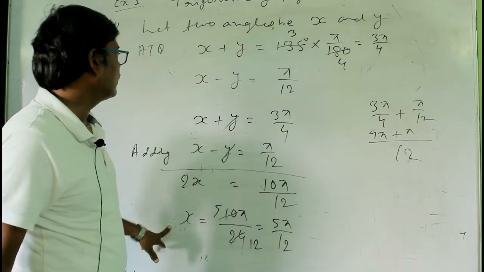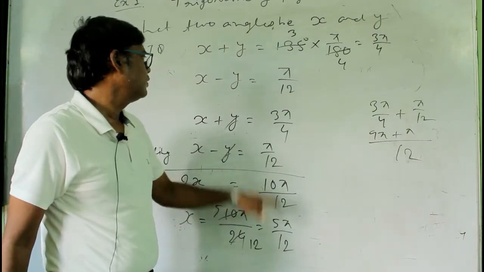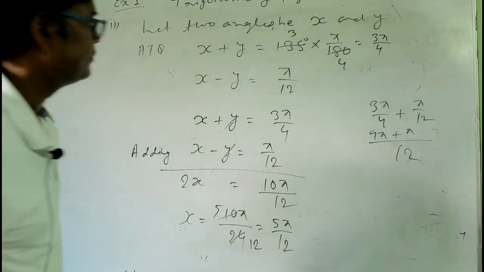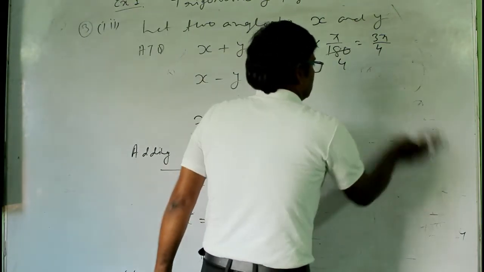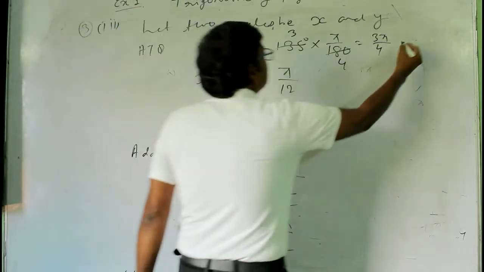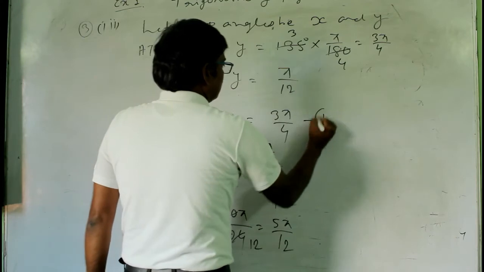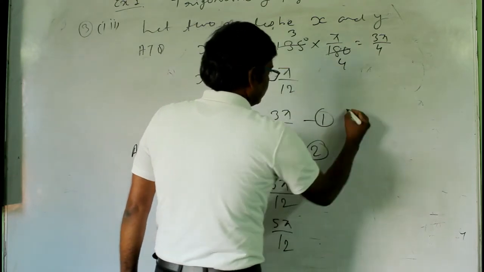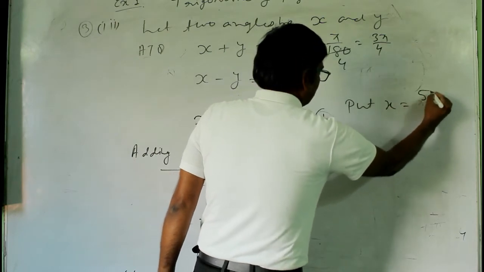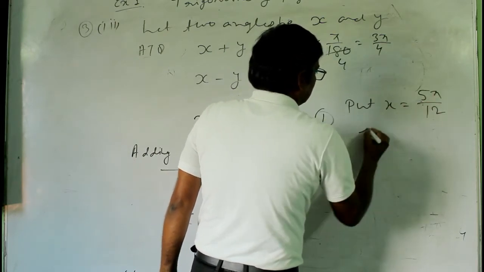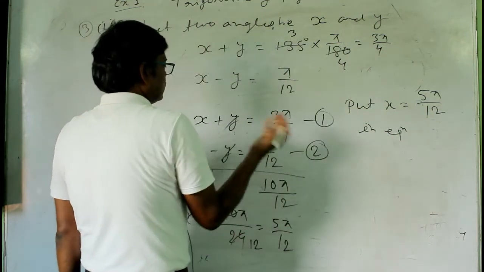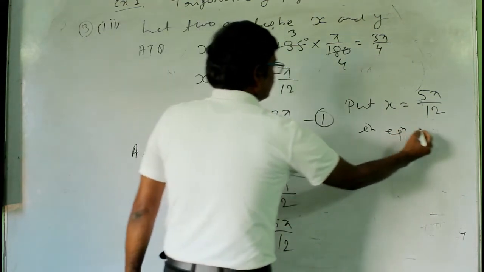Okay. Now we are finding the value of y here. So put this value in this equation. This is the equation. You can say here this is 1 and this is 2. So put x equal to 5 pi by 12 in equation, you can put it in equation 2 also.